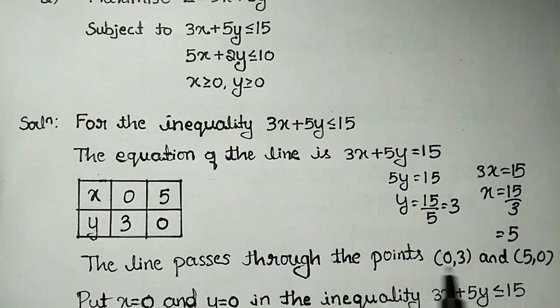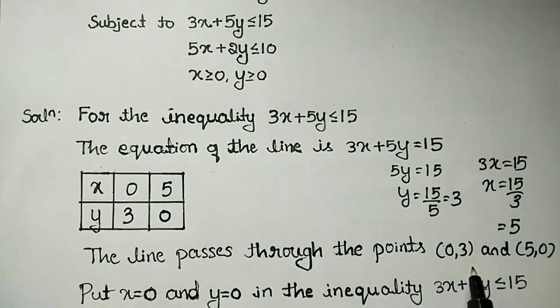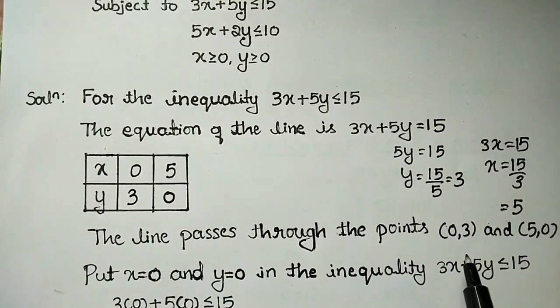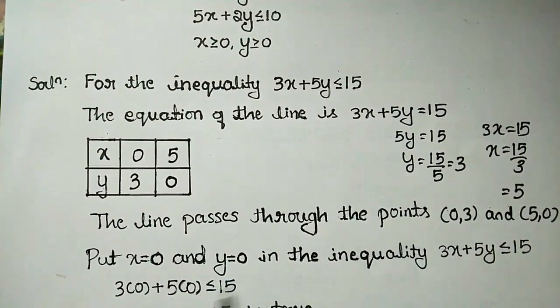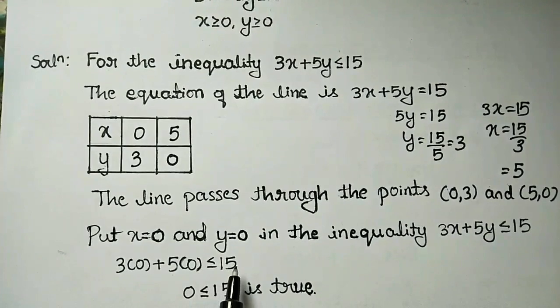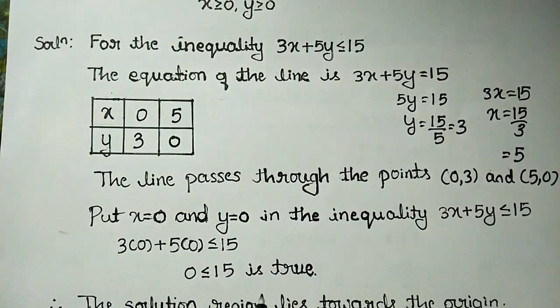After drawing the line, we have to find the solution region, that is either towards the origin or away from the origin. For that, we substitute the origin, x as 0 and y as 0, in the inequality. This inequality will become 3 into 0 plus 5 into 0 is less than or equal to 15. 0 is less than or equal to 15, which is true.